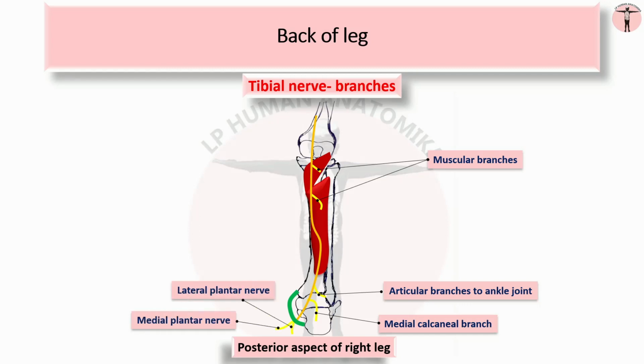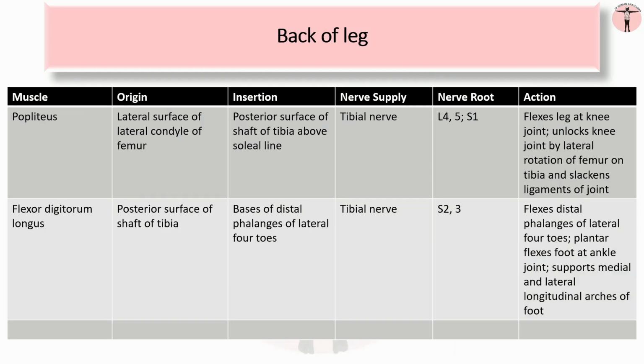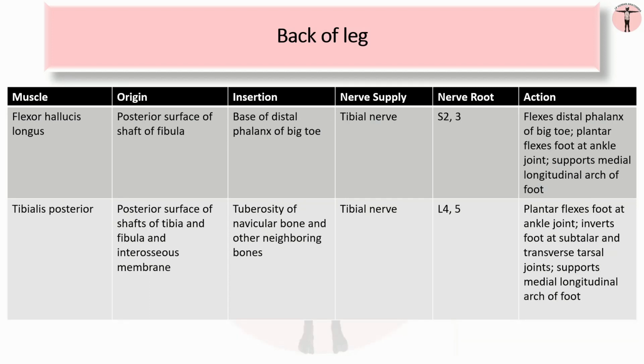Terminal branches, medial and lateral plantar nerves, which supply the structures in the sole. The next few slides show the tabular column of the muscles of back of leg in a summary form. You can please pause the video and go through them.